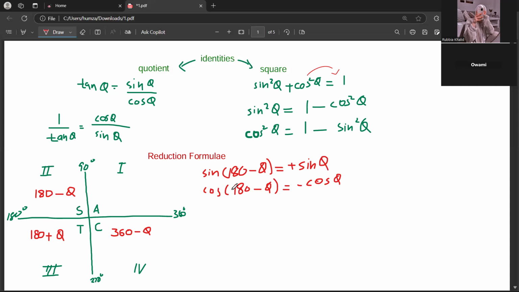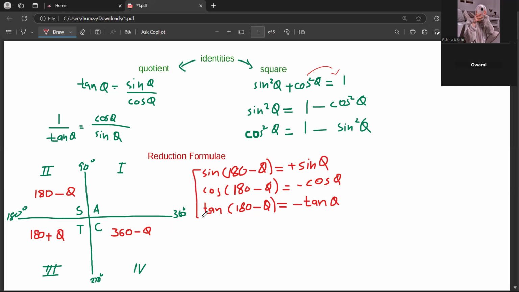So that's why the cos 180 degrees minus theta is negative cos theta. Then we have tan (180 degrees minus theta), and this will also give you negative tan theta, because of the same reason that sine theta is only positive in quadrant 2, where 180 degrees minus theta resides.